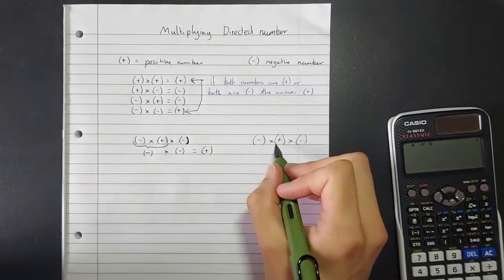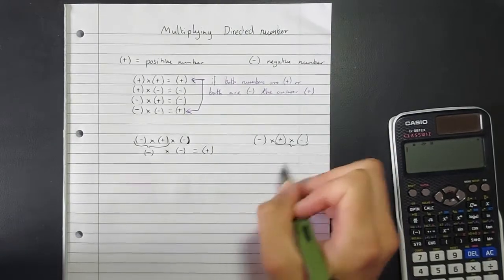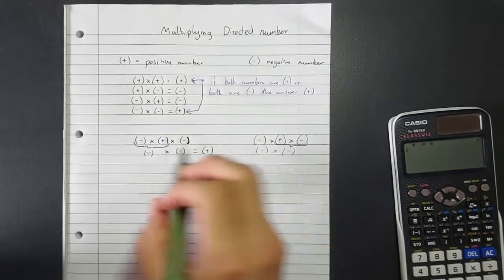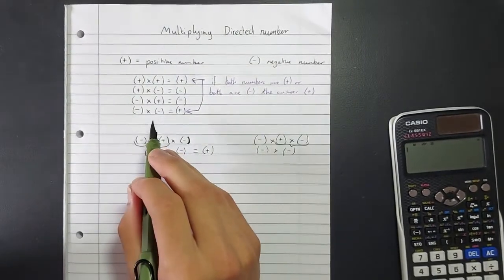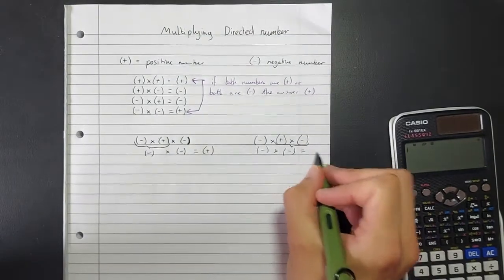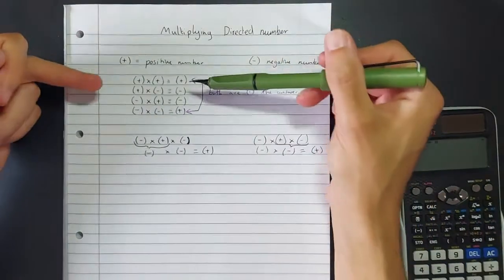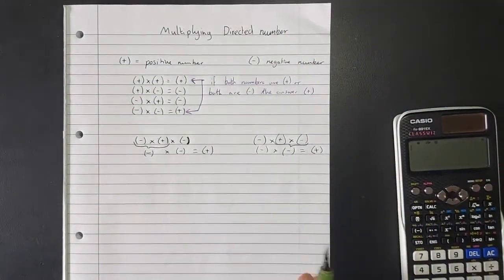If we did these 2 first, we do a positive times a negative, that gives us a negative, and we still got to times it by this negative, and we know 2 of the same polarity, 2 of the same either positive or negative will always give positive. So this way as well, we also get positive. Okay, so knowing this can help us when we have more than one number multiplied together.